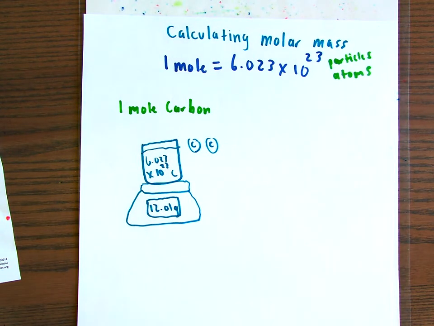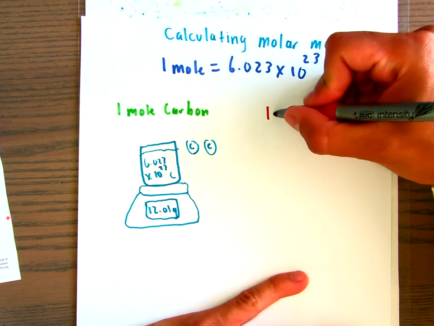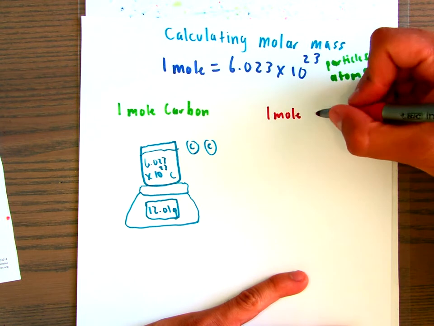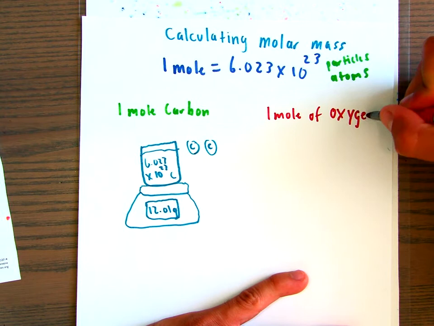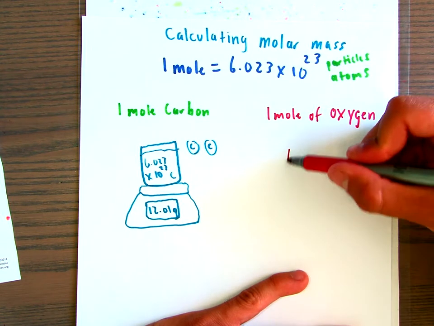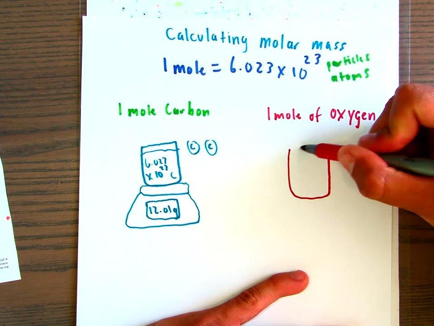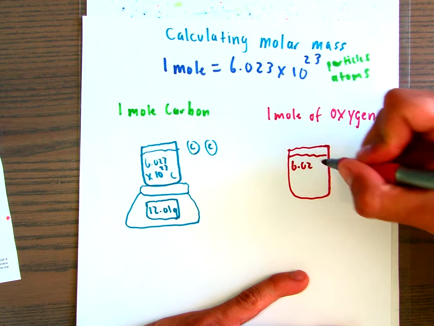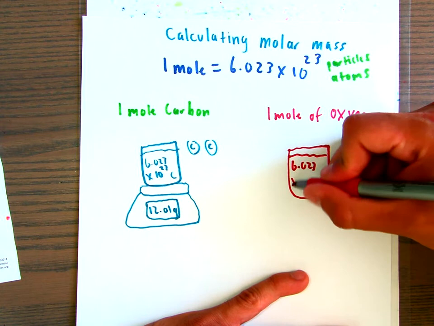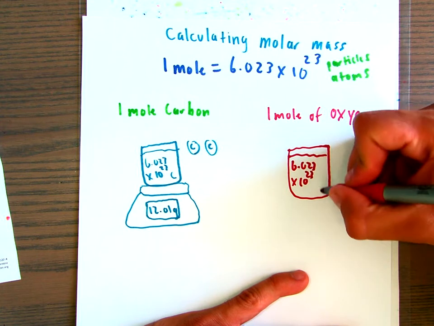All right, what if I were to take another example? Let's say I had 1 mole of oxygen. Theoretically, we were able to get into a container and we just had 6.023 times 10 to the 23 atoms of oxygen inside this container.